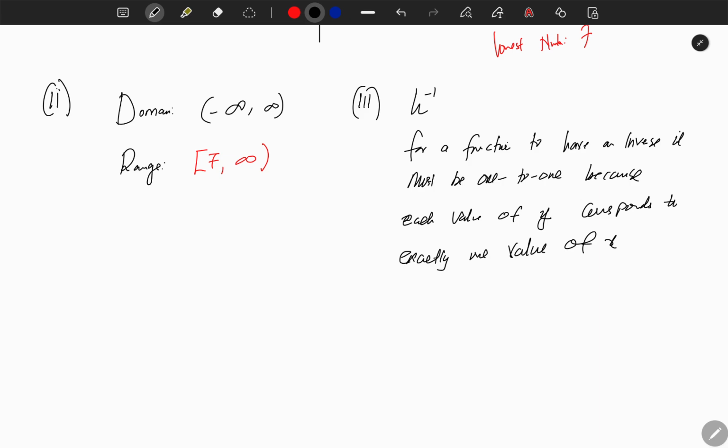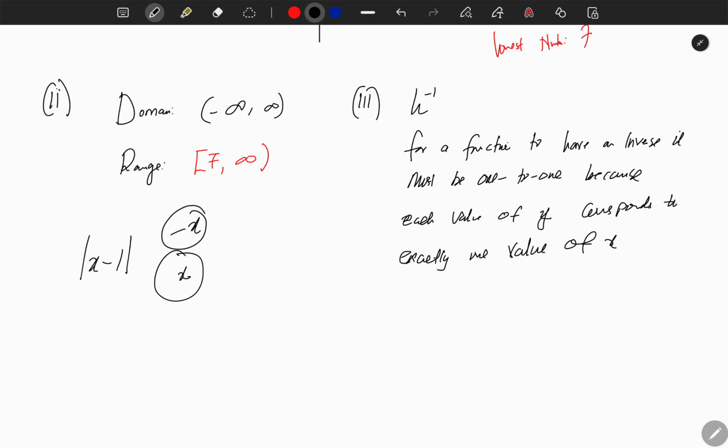You can't have a situation where when I put in a value of y into a function, I'm getting 2 values of x. That's not a 1-to-1 function. And this is the case in our function. Remember that we are dealing with a modulus. A modulus of a function will always give you a negative and a positive number, and we don't want this. A function which shows this is not 1-to-1, hence it cannot have an inverse.